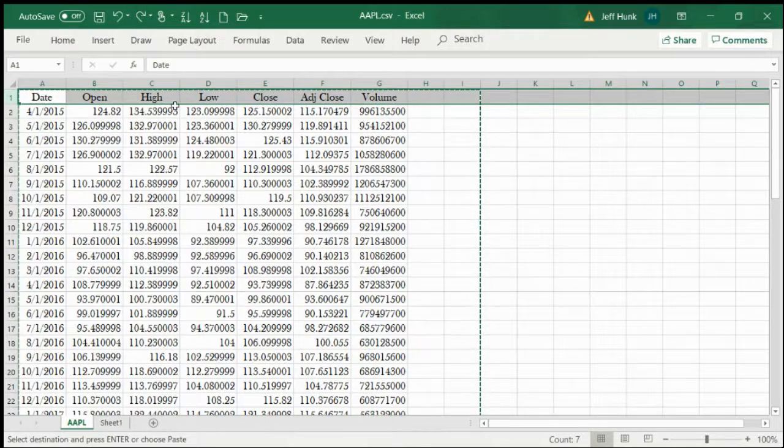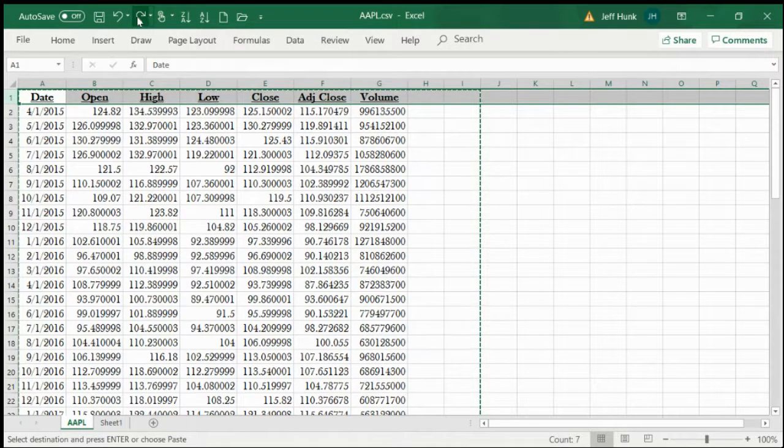And then I sorted also. This is in ascending order, but I sorted it into a descending order because I want the most recent price to come on top.